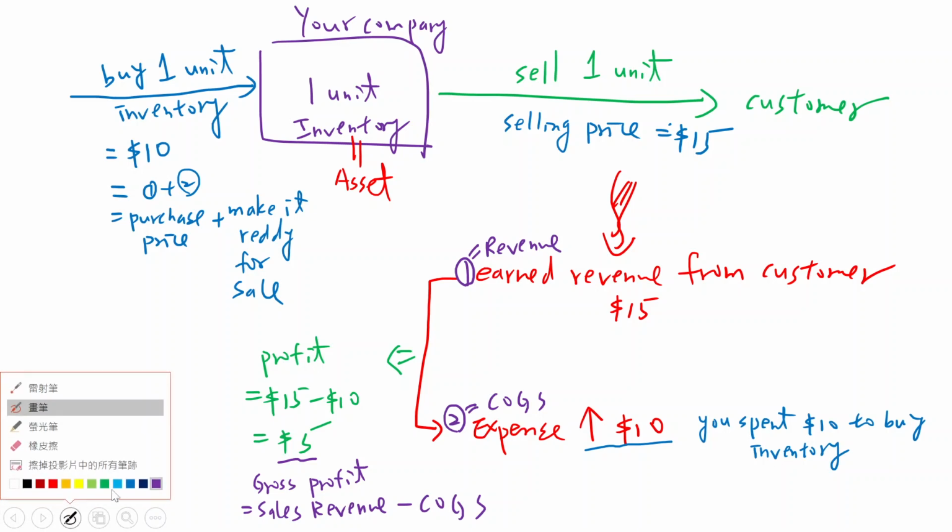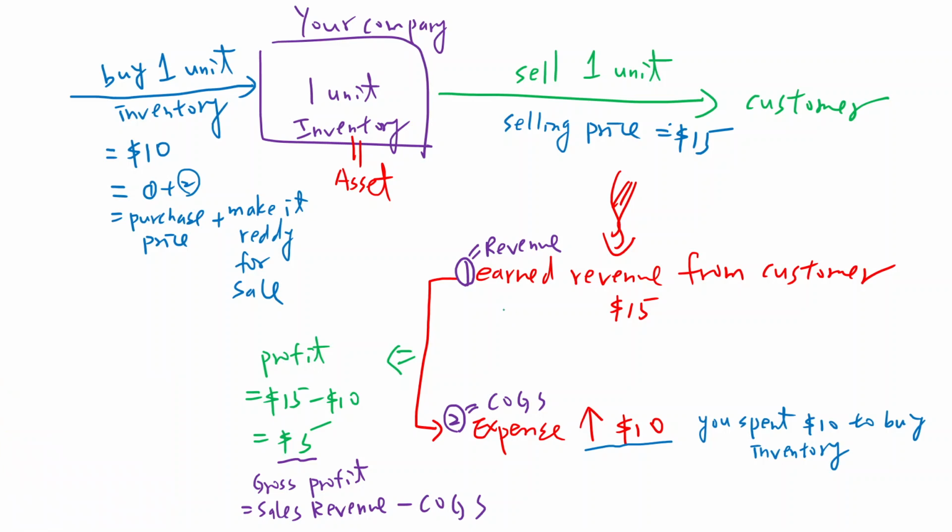So what's your first effect? First effect is sales revenues increase $15 because you earn revenues from customers. So your sales revenue increased $15. Did you get the money from customers?